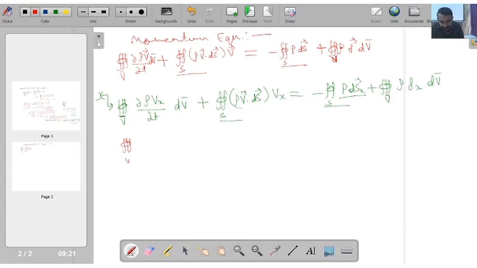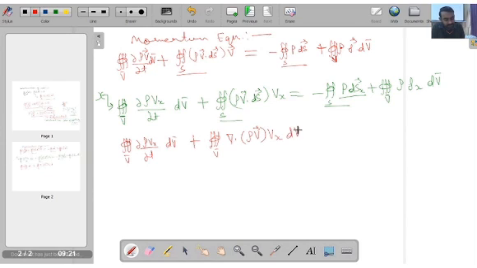If I do so, the first is my volume integral only, del rho vx by del t into dv bar, plus this will now become a volume integral, and I will get divergence of rho v vector into vx, and this integration will be over dv bar. Here the pressure force I have to consider only in x direction, so first I am writing it as a volume integral.